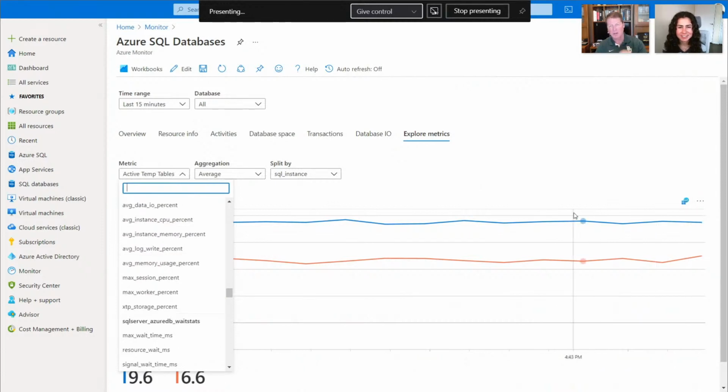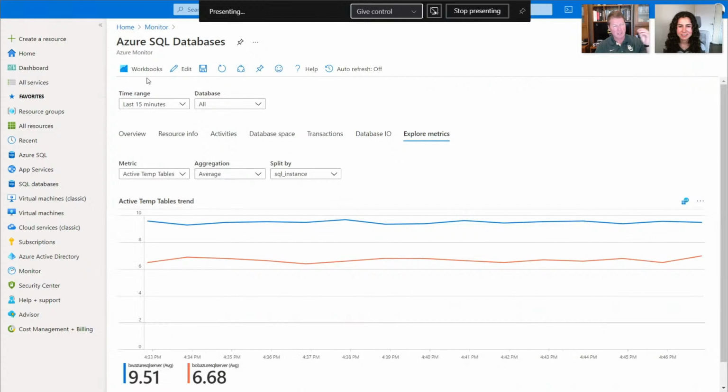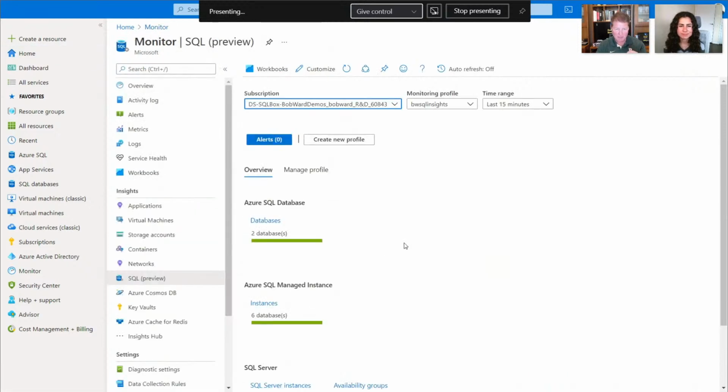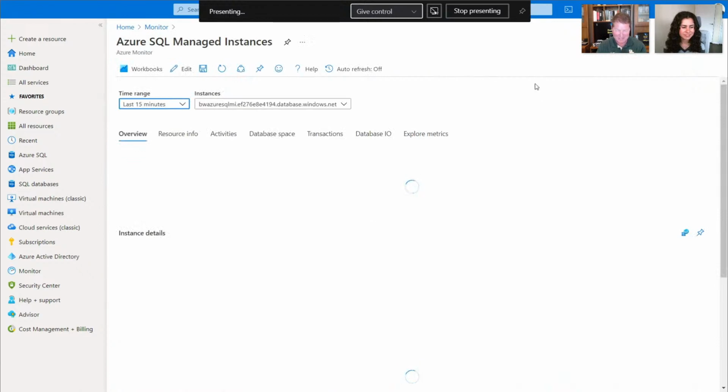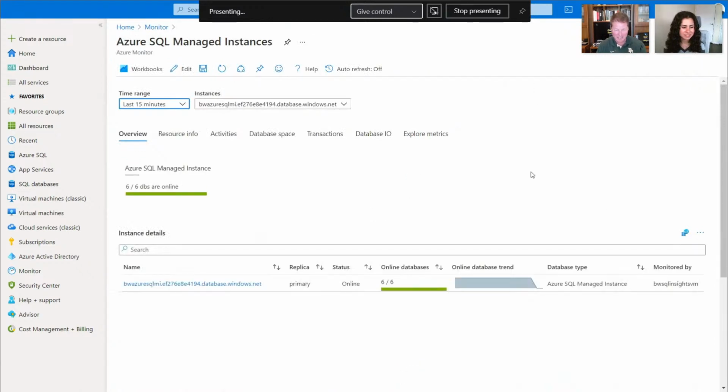And then because this is part of Log Analytics, you can create custom workbooks to make any view you want. This is our default GUI view for you, but we have all this rich telemetry that you can customize and make and then pin to your portal. Now, it doesn't stop there. Those are Azure databases. Anna, here are my managed instances that I'm monitoring as well with databases inside them.